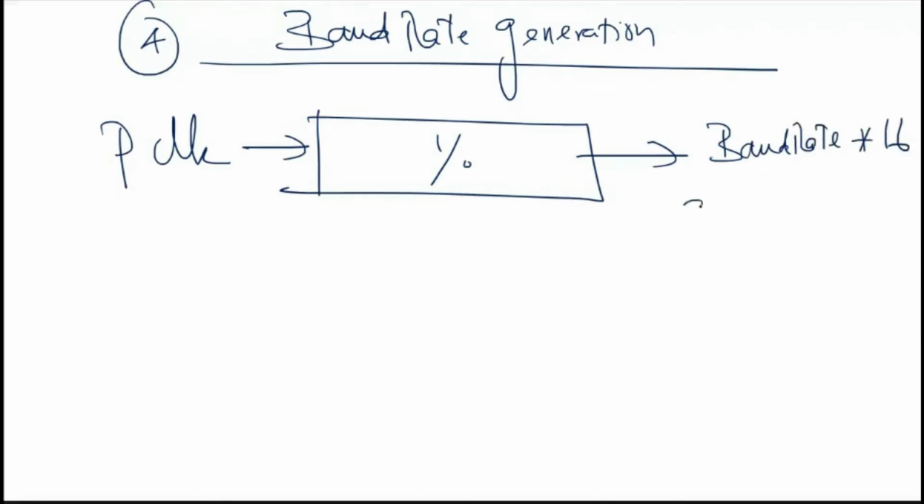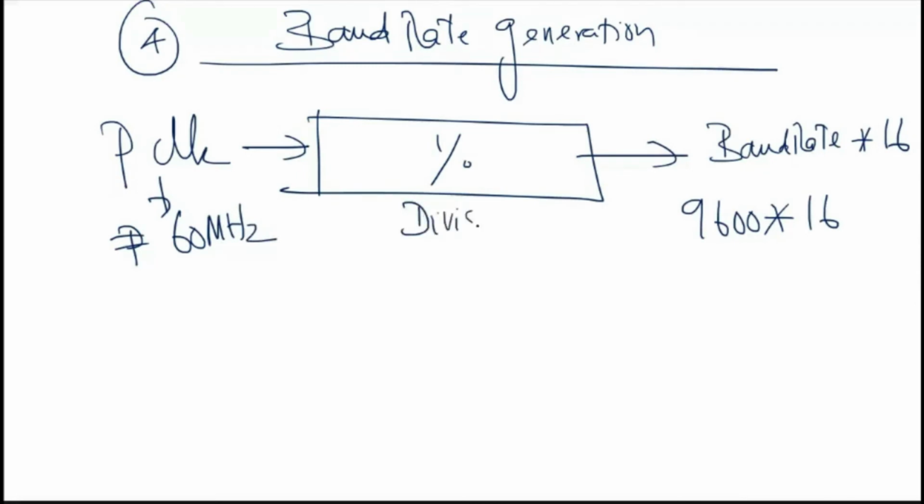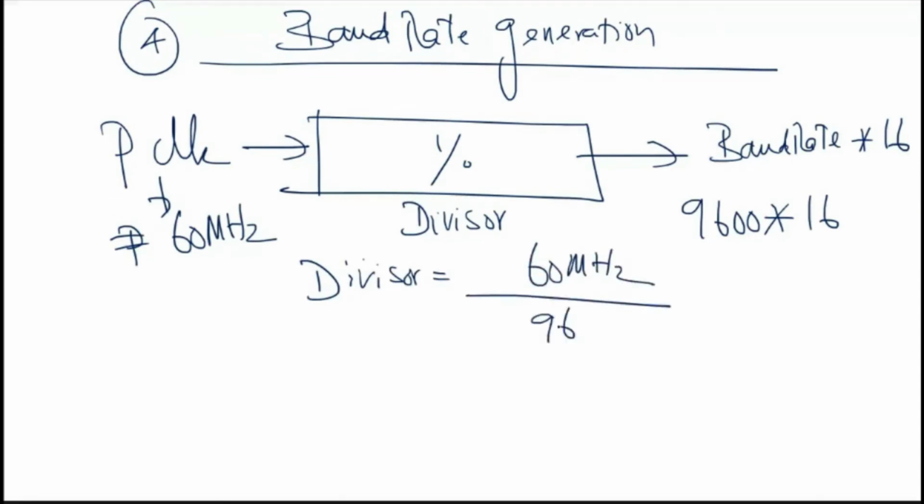So if I want 9600, I should generate a clock of 9600 times 16. If my peripheral clock is 60 MHz, this is called divisor. So the value of divisor equals 60 MHz divided by 9600 into 16. So this will give me XXYY in hexadecimal.